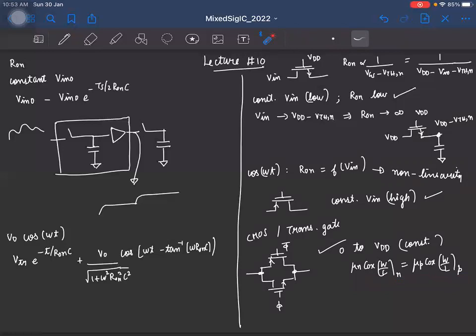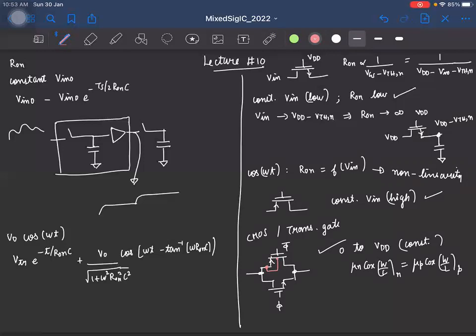Not just that, for a MOSFET, we have 4 terminals, right? That is gate, source, drain, and bulk. We have only shown gate, source, and drain, right? So the bulk terminal or the substrate terminal for the PMOS can be connected to the source, which means for the PMOS, the source to bulk voltage will be 0.